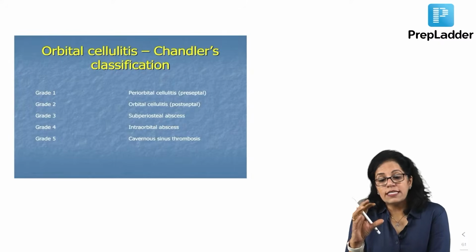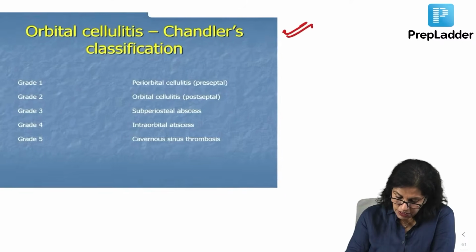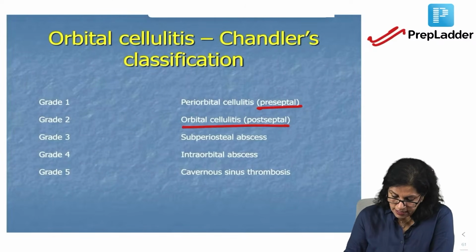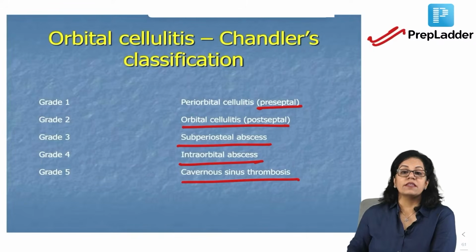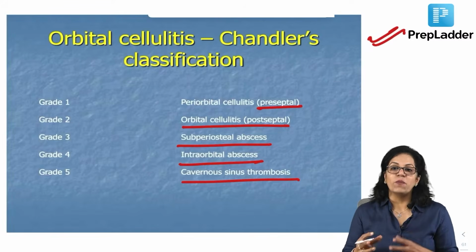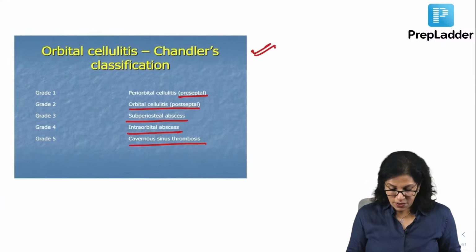So once you know this and these options are given, you definitely should have the idea of Chandler's classification, where these are the different grades: first is preseptal, then orbital cellulitis, then subperiosteal abscess formation, then intraorbital abscess, and cavernous sinus thrombosis is the last. We have learned this so many times that orbital cellulitis is an emergency because of the risk of cavernous sinus thrombosis.